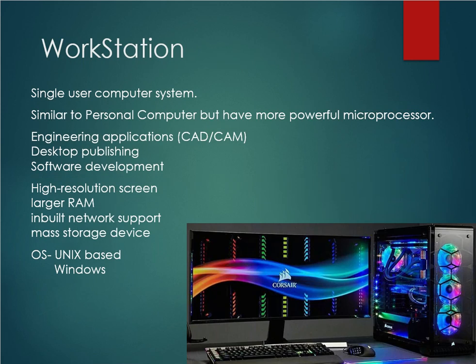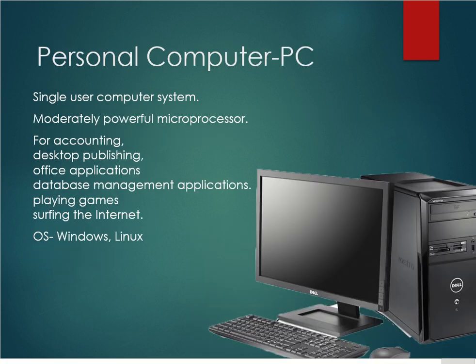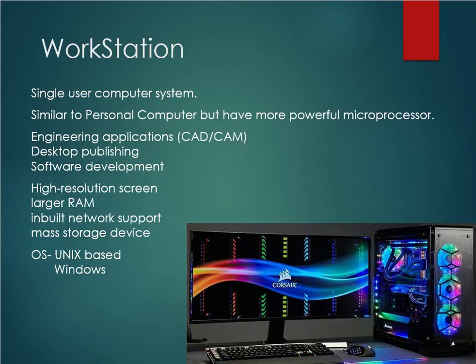And this one, workstation, actually this is the real computer. Most personal computers are manufactured in bulk as bulk products. That means they are very vulnerable. After the warranty period, maybe you have to buy a new computer or repair the computer.